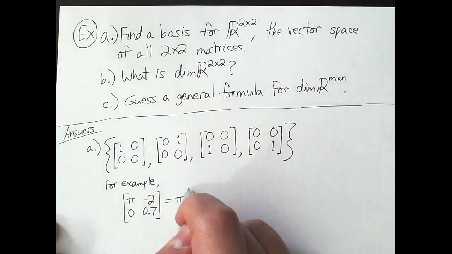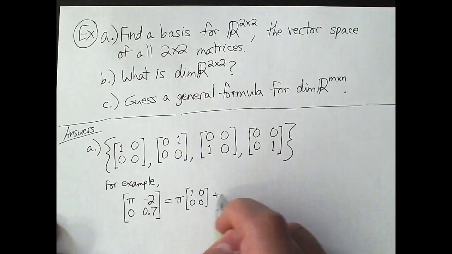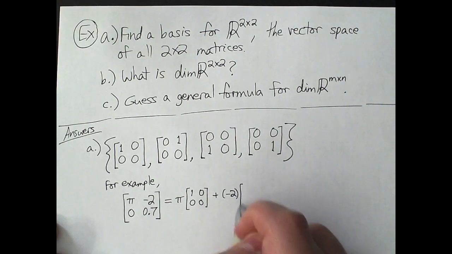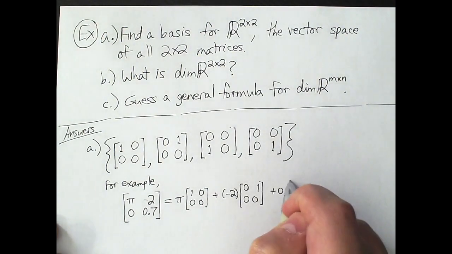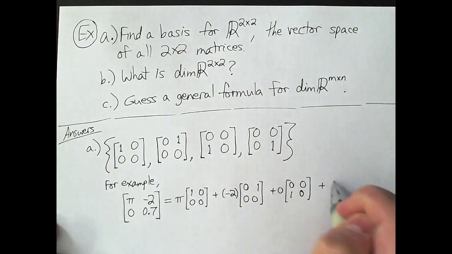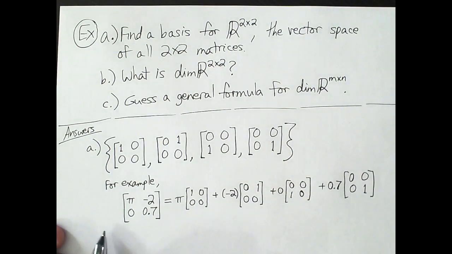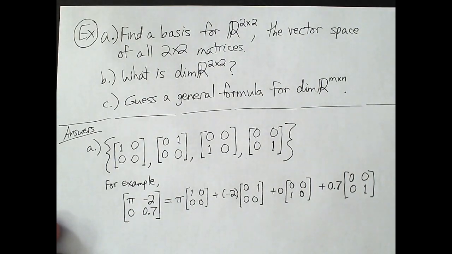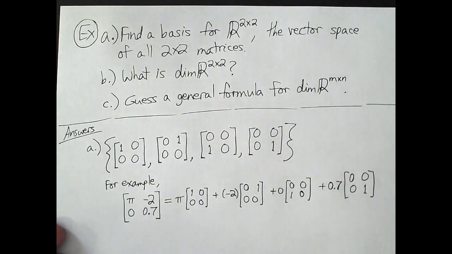Yeah, just do pi times the first one plus -2 times the second one plus 0 times the third one plus 0.7 times the fourth one. So any 2 by 2 matrix can be written as a linear combination of these basis elements, and you can see that they are linearly independent.